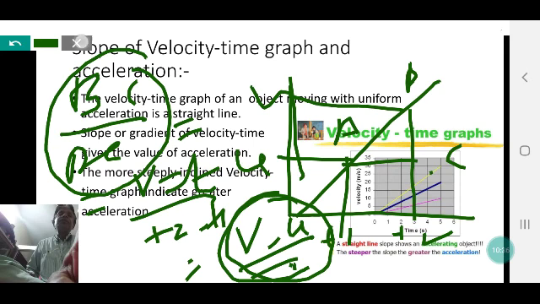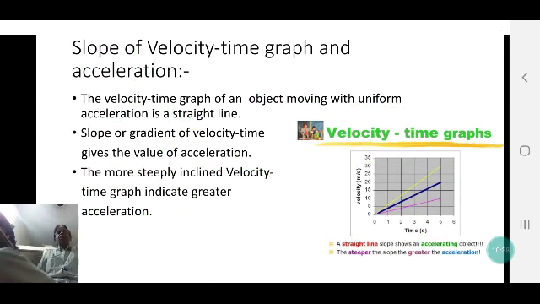Now, we have interpreted three points from the velocity time graph. First, the velocity time graph of an object moving with uniform acceleration is a straight line. If the change of velocity remains the same at any instant of time, then the object is moving with uniform acceleration.